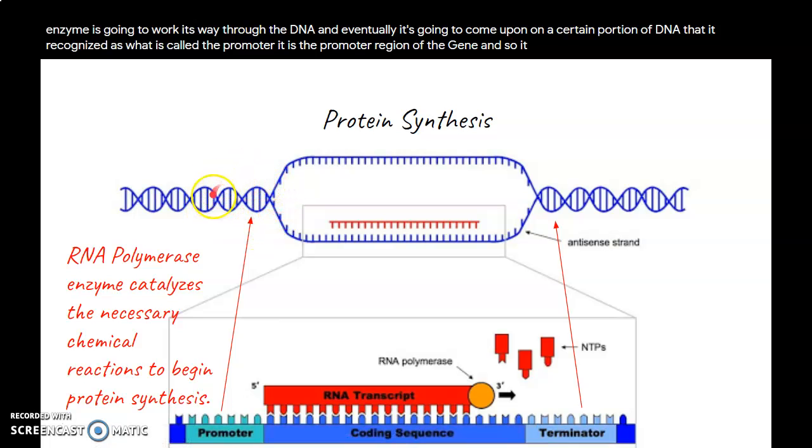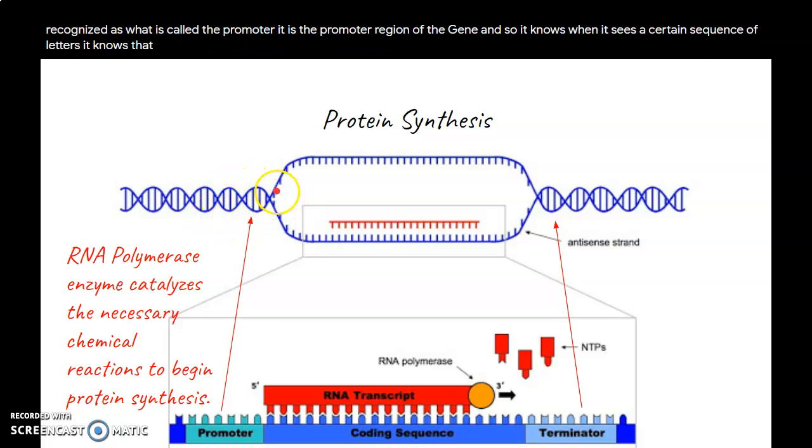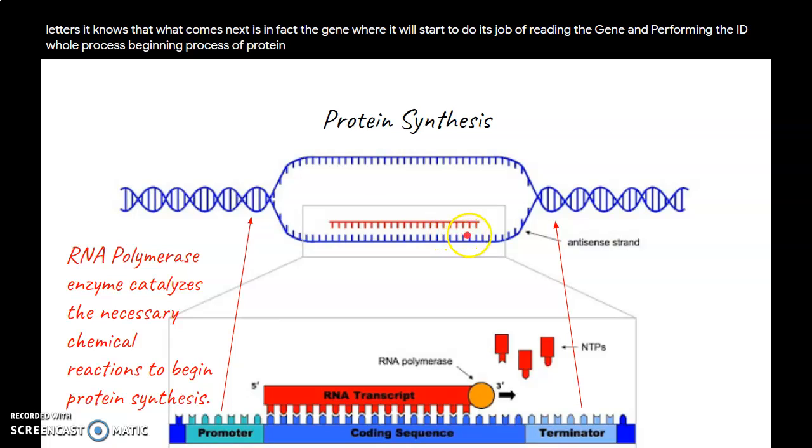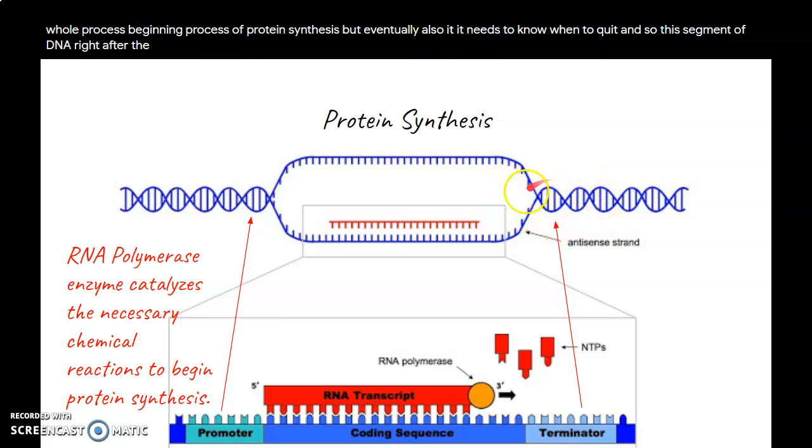And so when it sees a certain sequence of letters, it knows that what comes next is in fact the gene, where it will start to do its job of reading the gene and beginning the process of protein synthesis, but eventually it also needs to know when to quit. And so this segment of DNA right after the gene is known as the terminator region.